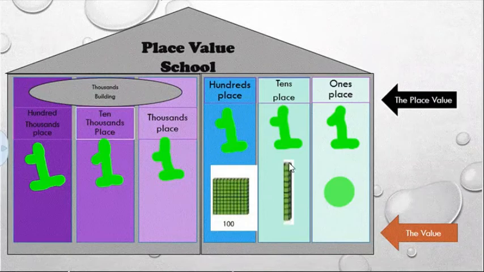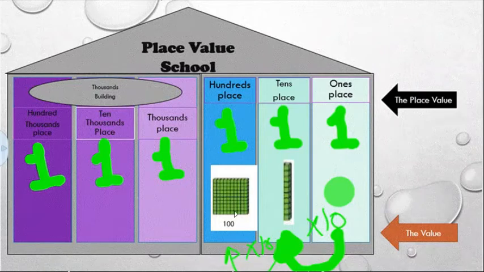And the value of 1 here in the tens place, which is 10, is 10 times the value of the 1 in the ones place. So every time I go to the left, I multiply by 10. Look here, 1 times 10 equals 10. And here, 10 times 10 equals 100. So every time I go to the left, the value increases 10 times.